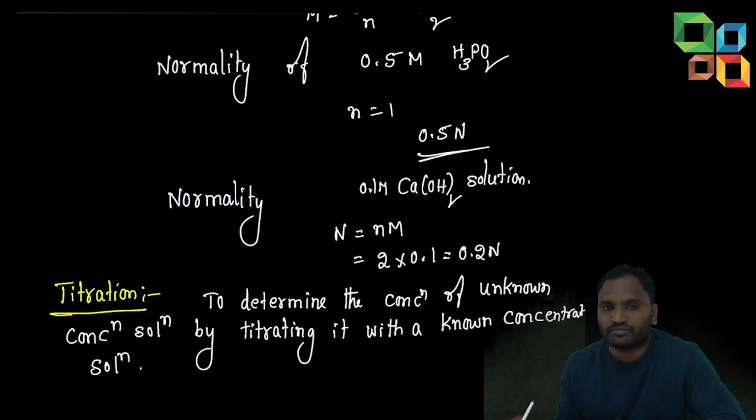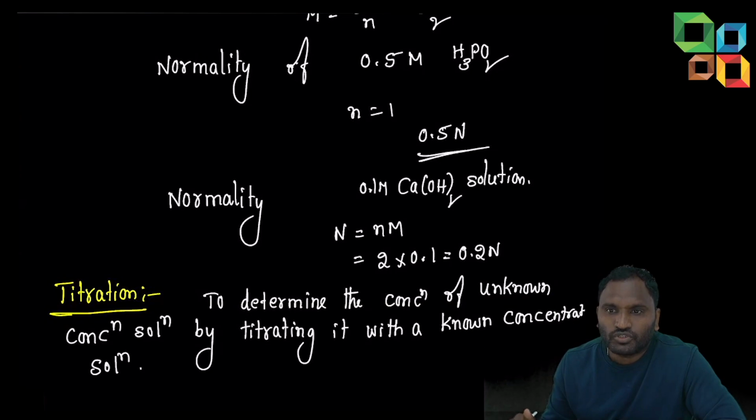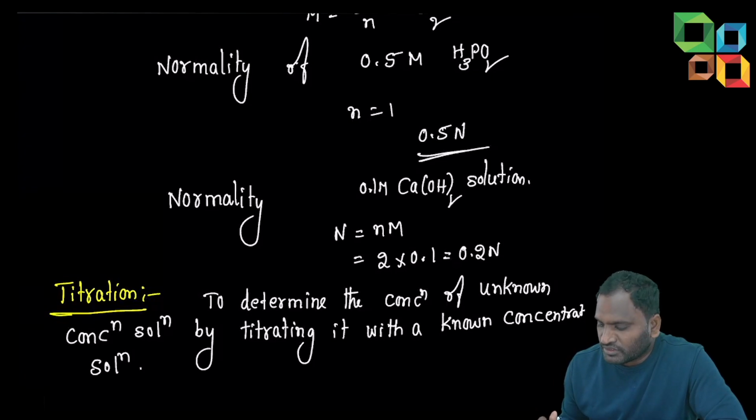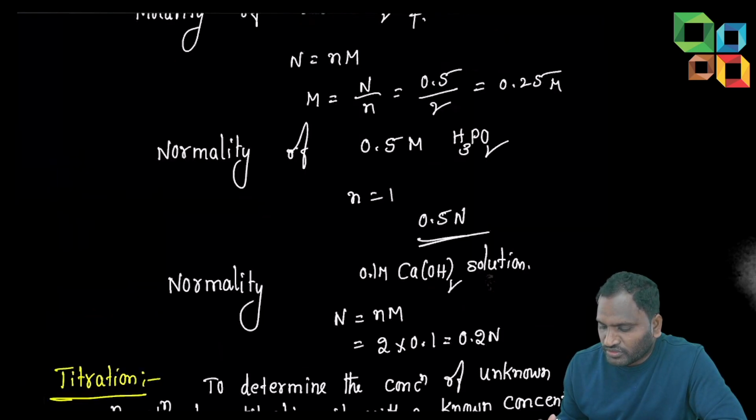It's called titration. The solution whose concentration we know is called the standard solution. By using the standard solution, we are finding the unknown concentration of the solution.